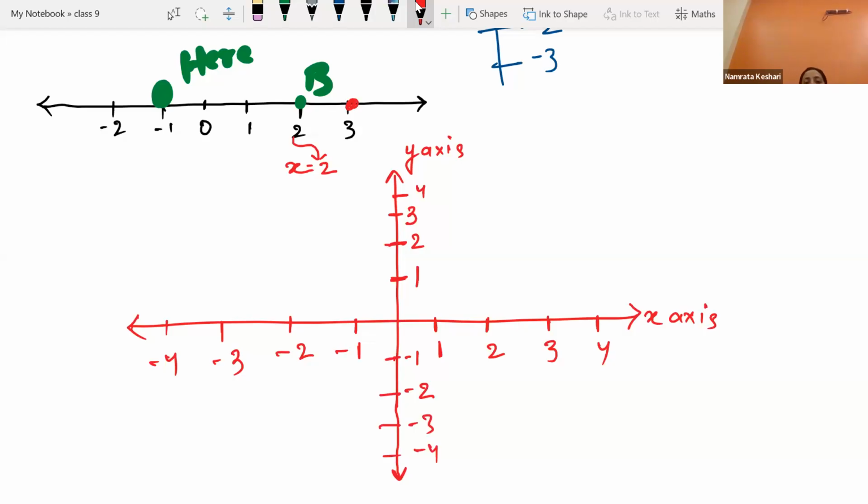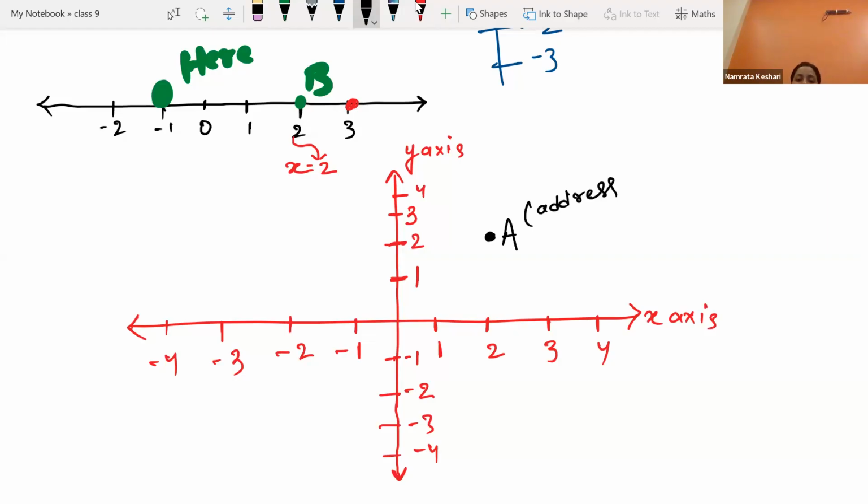Okay, now suppose we have a random point over here, and that is point A. So what is the address of point A?